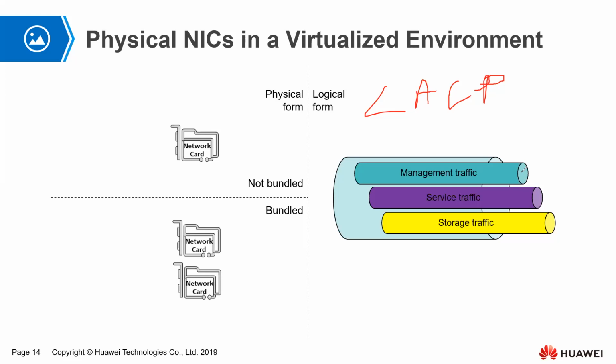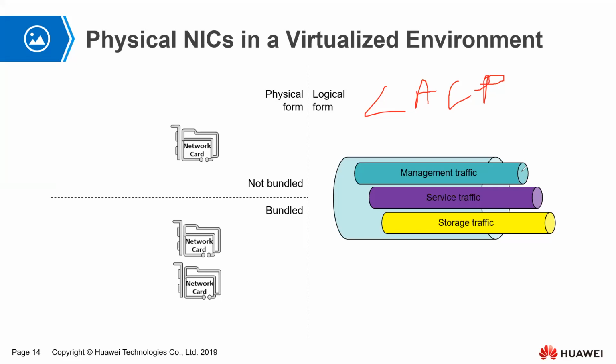Increased bandwidth, as we have already talked about, because the maximum bandwidth of the link aggregation port reaches the total bandwidth of all the member ports, the ports that you have aggregated together. Of course, there's high reliability, since you can use one port as a backup for the rest of the ports.